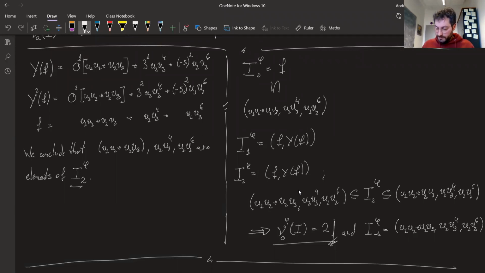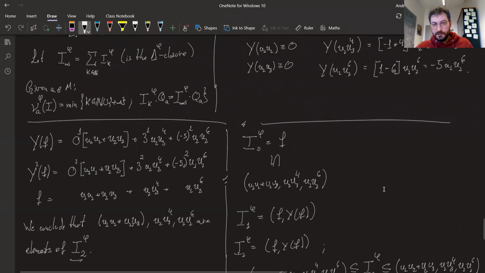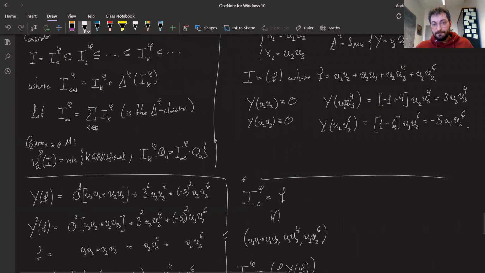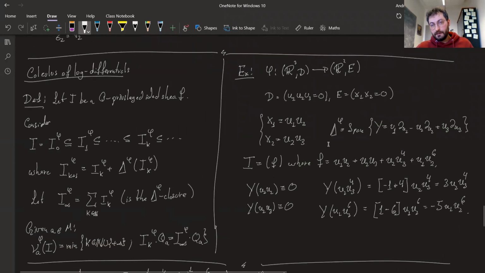But now, as we can see, it's not anymore generated by monomials. It's going to be generated by power series, where the only information that we have is that the functions that are appearing here are going to have some nice behavior in terms of the derivations that generate the sheaf of derivations tangent to the morphism.